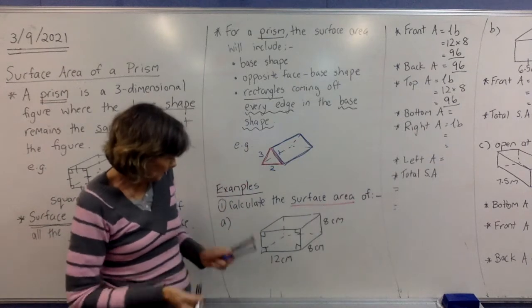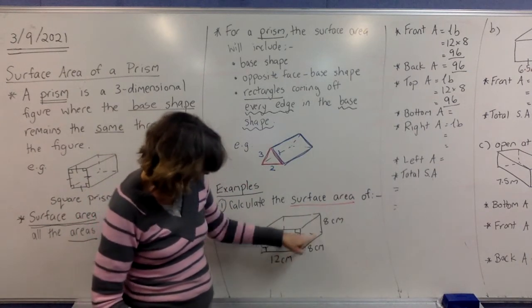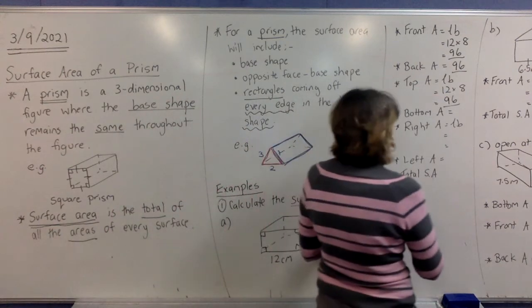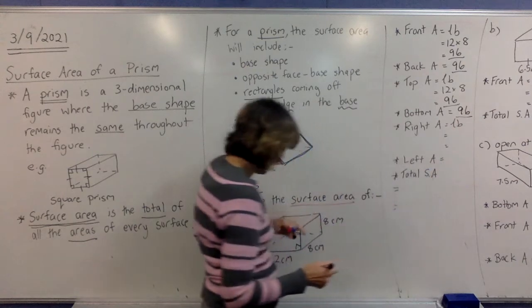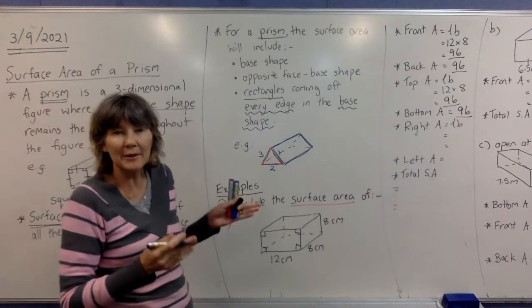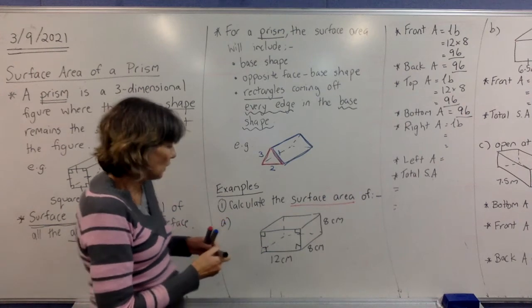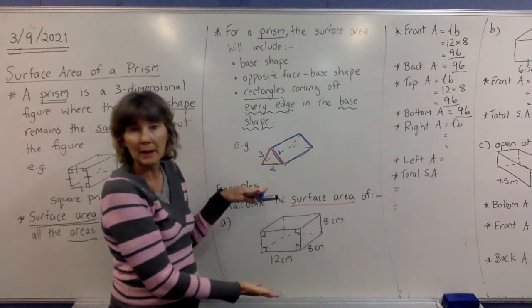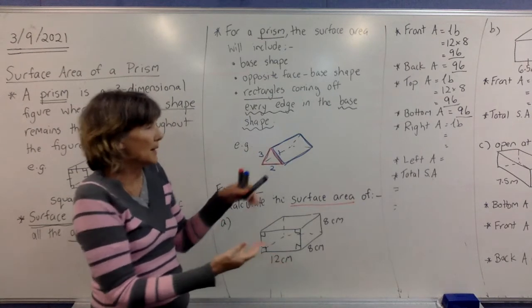Now the bottom area is the bottom of the ground. So we've got 12 by 8 down the bottom there. Oh, sorry, it's opposite the top. So because the top and the bottom are opposite faces in this rectangular prism, they must be the same. If you think of any box, the top of a rectangular box and the bottom would have the same answer.